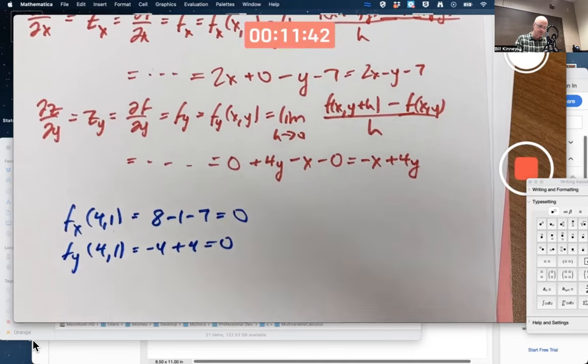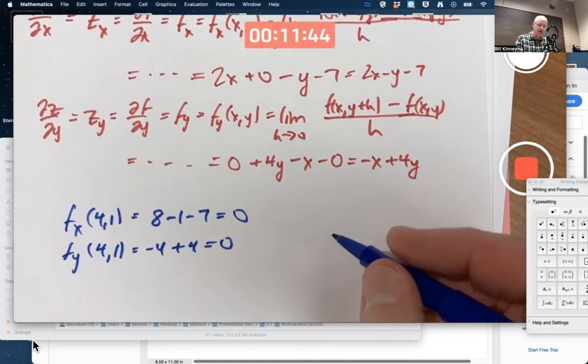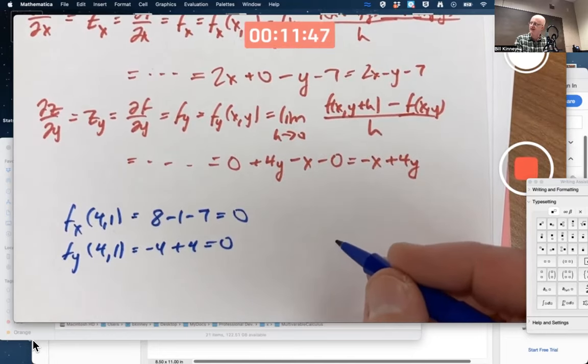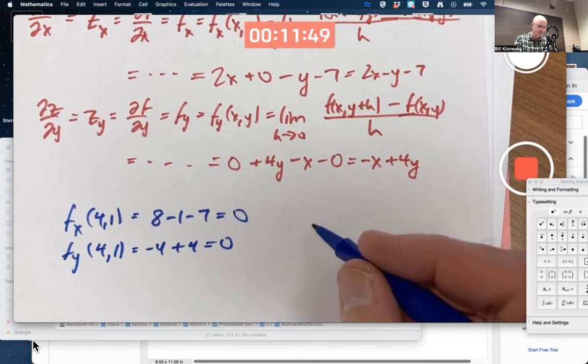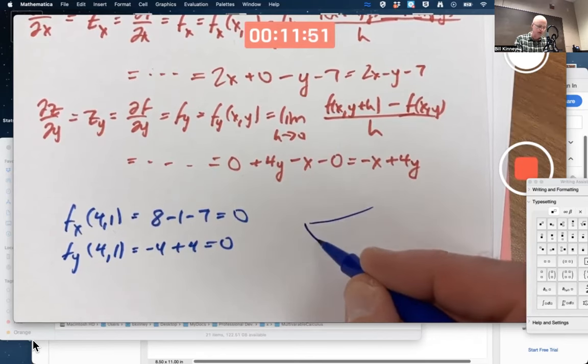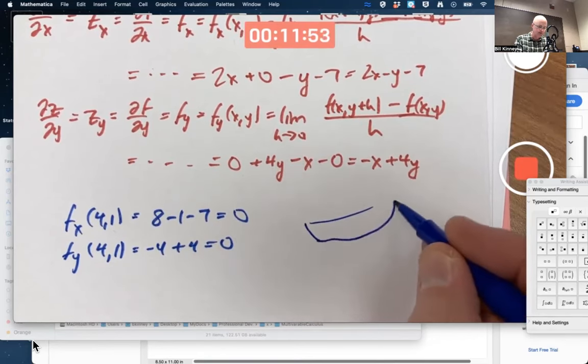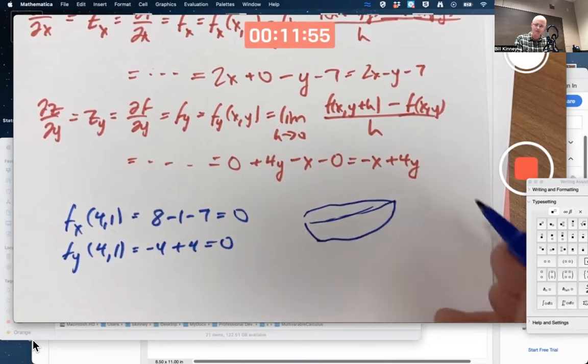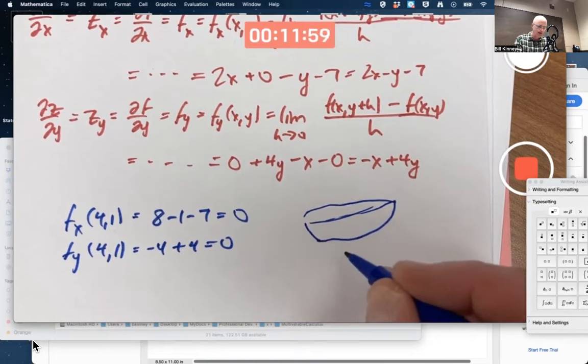Dare I try to draw this? I'm going to draw a graph, but it's not necessarily going to be the true picture. In general, I've got some sort of surface here, some sort of weird bowl shape, maybe. Could be above the xy plane in general.